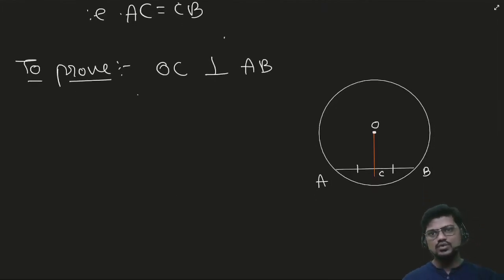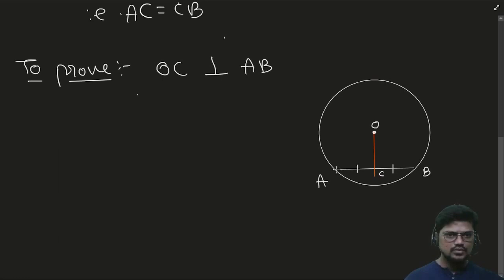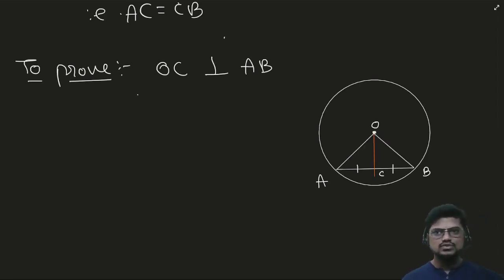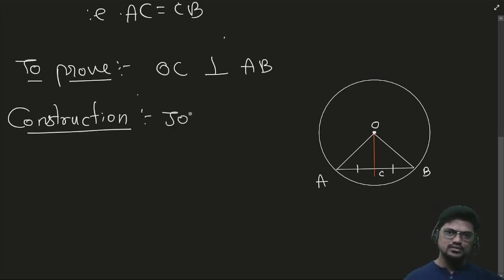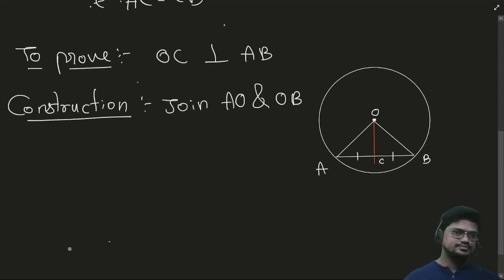So now to do the proof, what we will do, we will join AO and OB, right? Before doing the proof, you can write the construction over here. The construction is: join AO and OB. Fine.